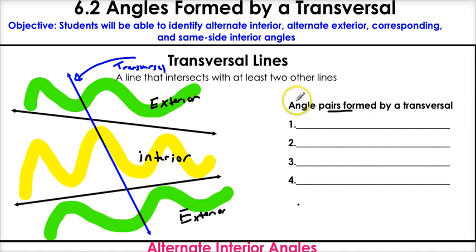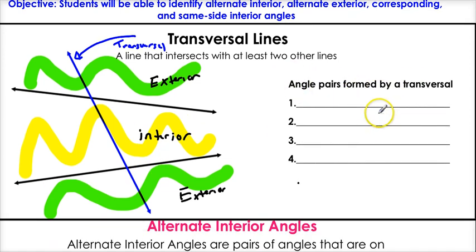Now, there's going to be four types of angle pairs that are formed when you have a transversal intersecting two lines, and we're going to learn about these four today. The first one is alternate interior angles. The second one is alternate exterior angles.